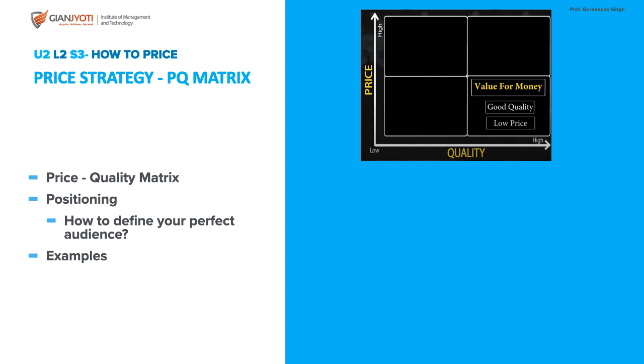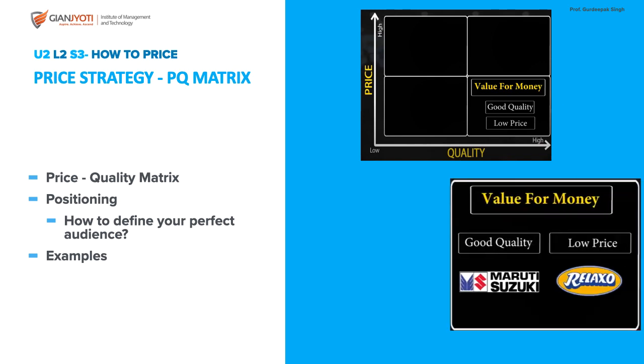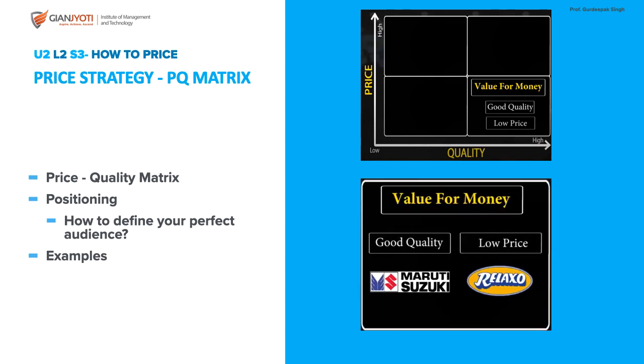So here you are providing the maximum value at the price at which you would like to give that product. So you position yourself so that you would like to be in this quadrant. Pricing comes later on, remember.